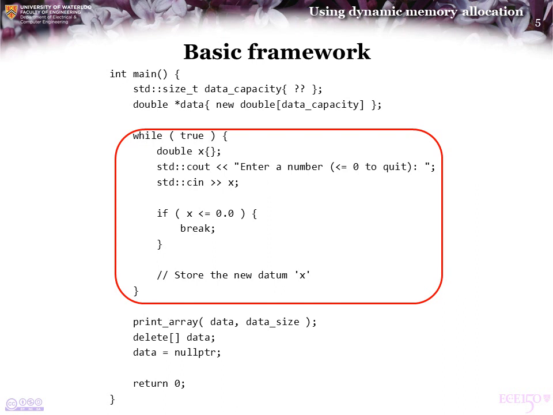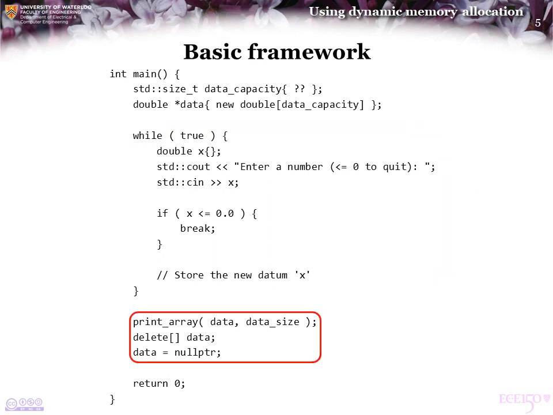It's going to keep on executing, continually asking the user for more data. It will only break after the user enters a value that is less than or equal to 0. If the value x that is entered is not less than or equal to 0, we will be required to store that new datum x in our array.